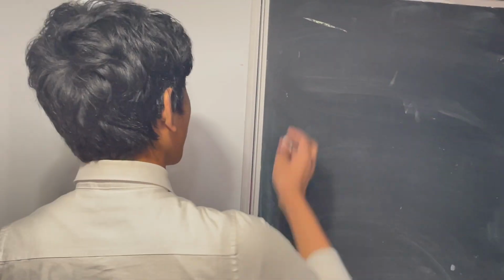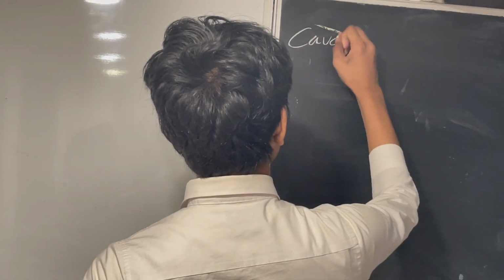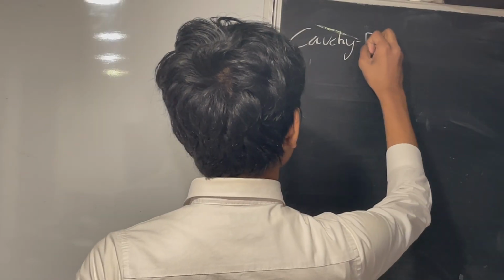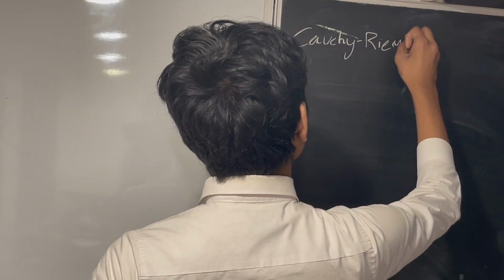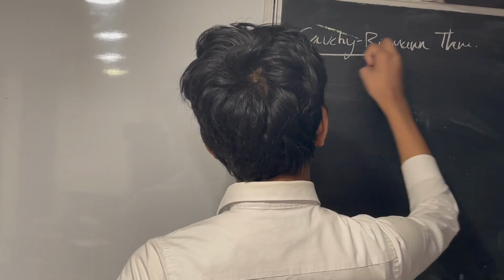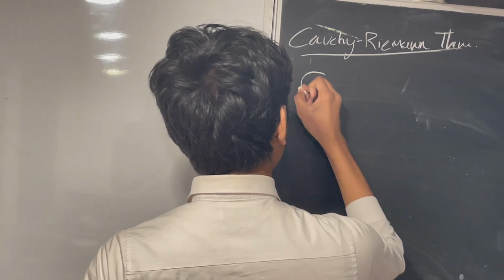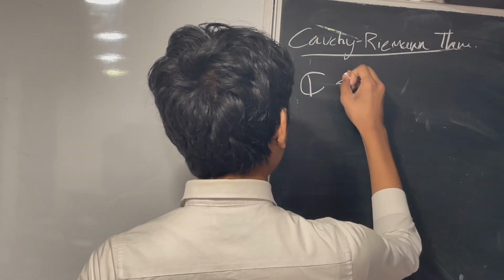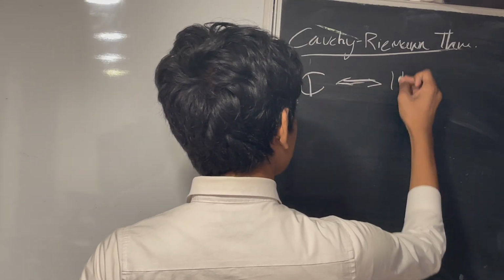This is lecture number 4, and today we're talking about the Cauchy-Riemann theorem. So, what does this say? Well, remember that the complex numbers are similar in many ways to R2.